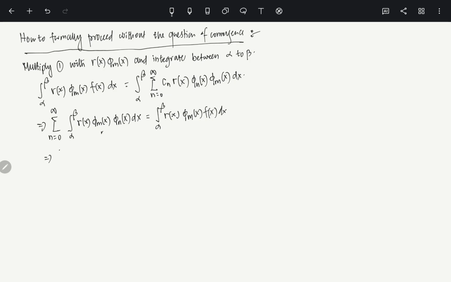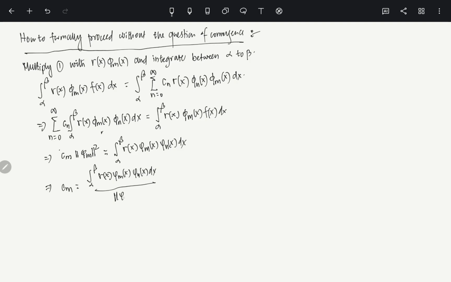So the only thing remaining is Cm times the norm of phi_m squared. And this part is the integral from alpha to beta of r(x) phi_m(x) phi_n(x) dx. Therefore Cm is nothing but the integral from alpha to beta of r(x) phi_m(x) f(x) dx divided by the norm of phi_m squared.